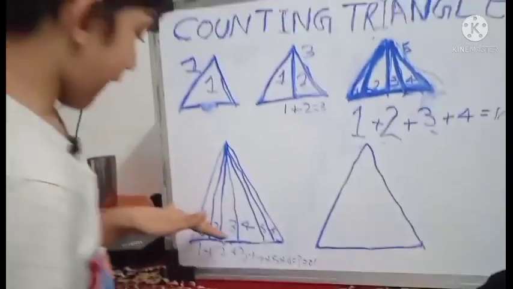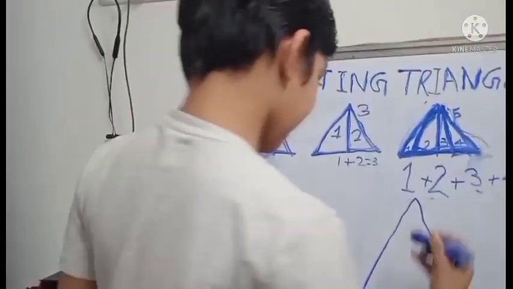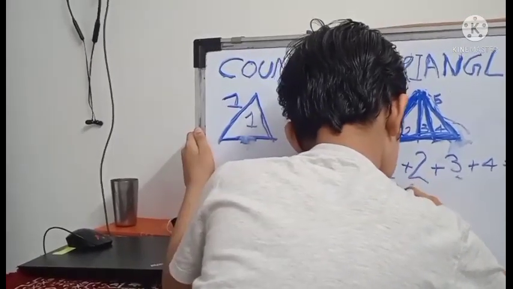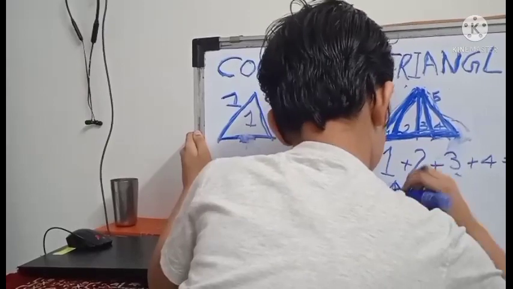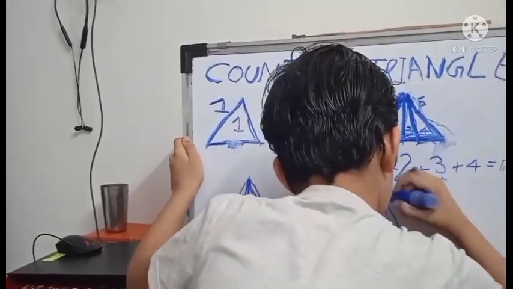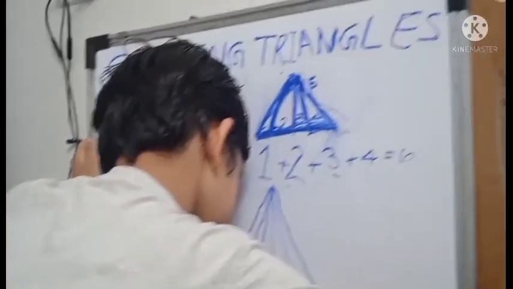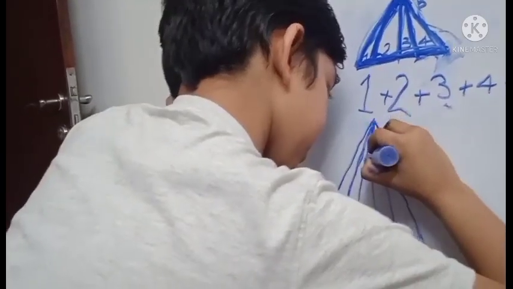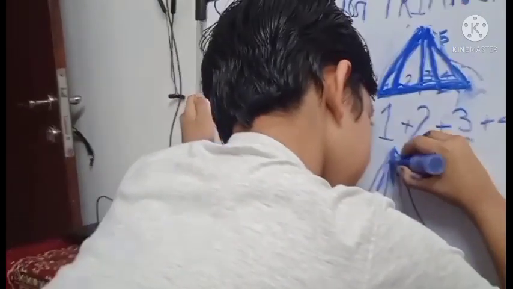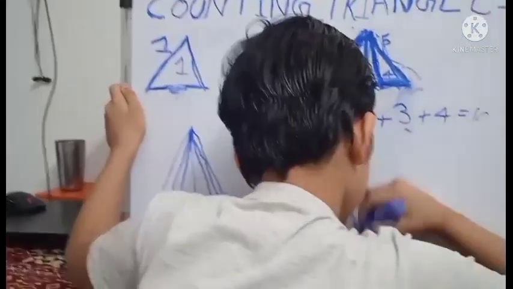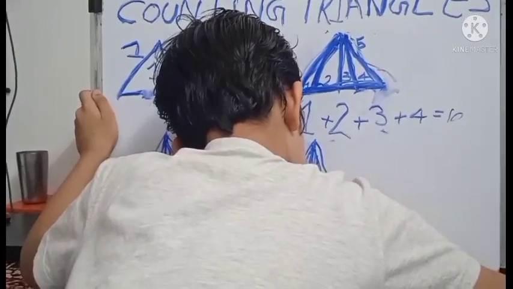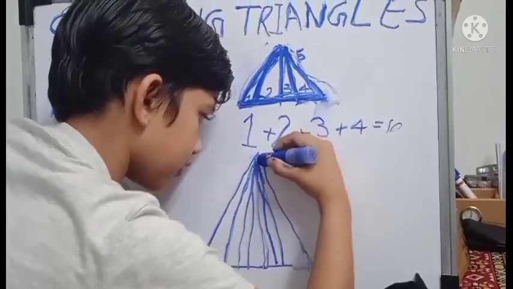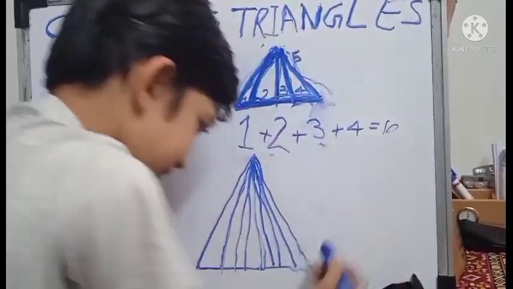This has 5 lines, so I will now put 7 lines. Second, third, fourth, this is the 5th, this is the 6th, and this is the final 7th.